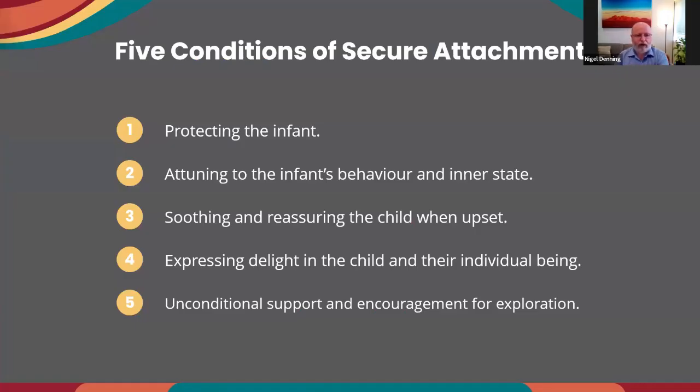And what we're trying to invoke, and what's absent, one or more of these features is absent in an attachment disturbance. So protecting the infant, attuning to the infant's behaviour and inner state, soothing and reassuring, expressing delight, which is a real kind of invitation, encouragement in the child, and unconditional support and encouragement for exploration.